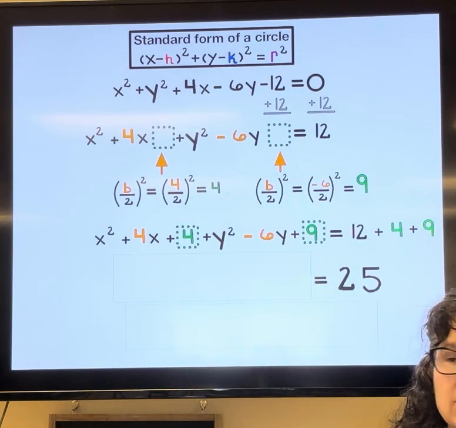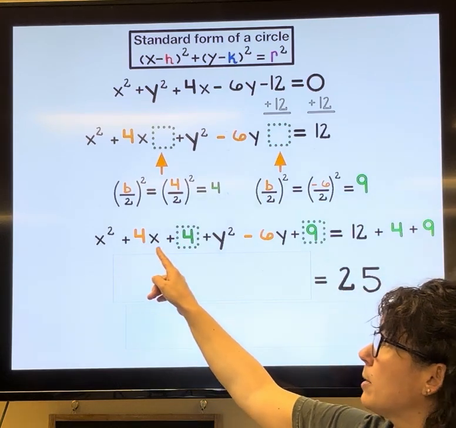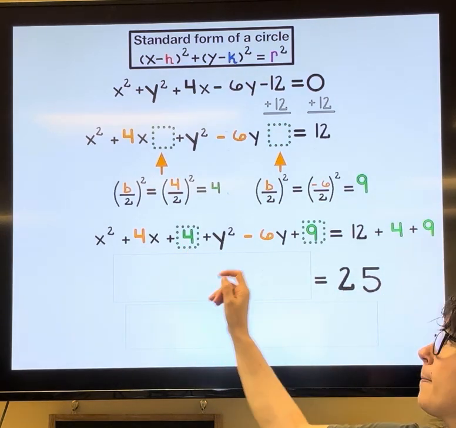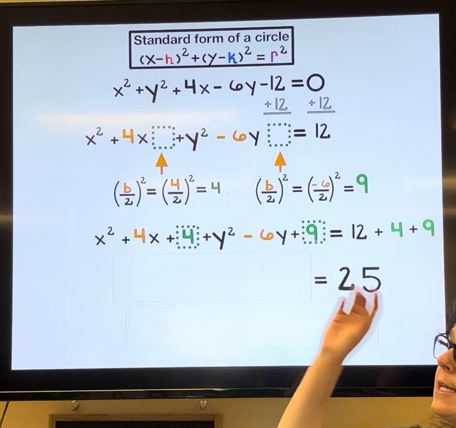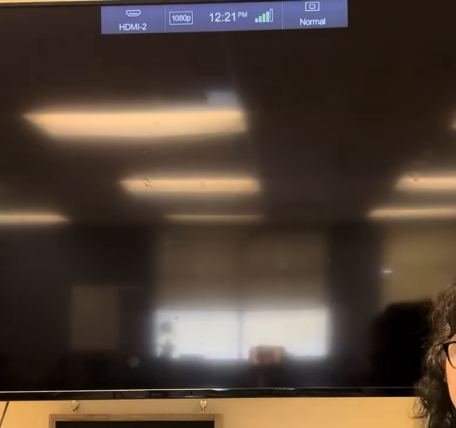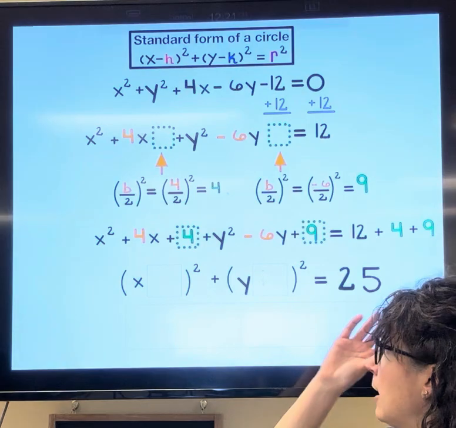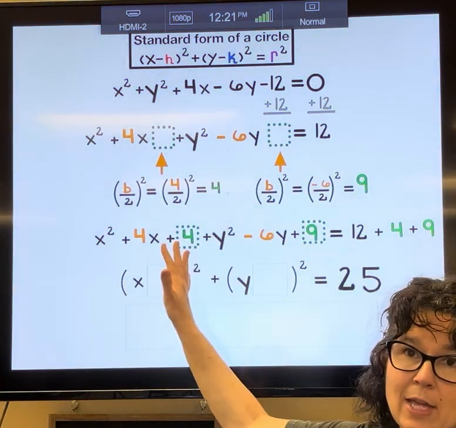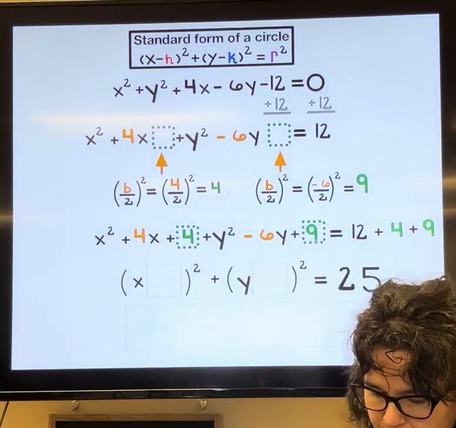The next thing I need to do is factor x squared plus 4x plus 4 and factor y squared minus 6y plus 9. When I go to factor, I'm going to have perfect squares, and you can just factor it, but there is a big shortcut.